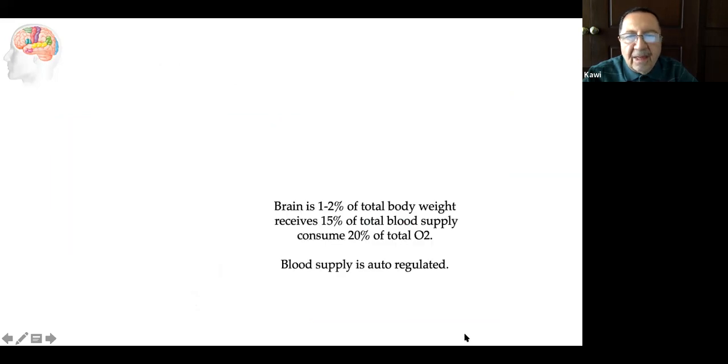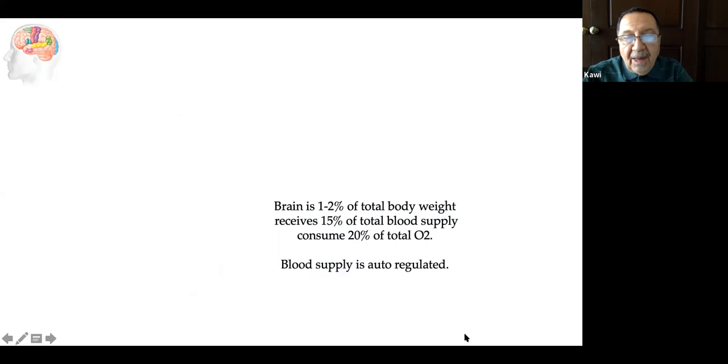Now, the brain is about 1 or 2% of the total body weight, but it receives 15% of the total blood supply of the body, and it consumes about 20% of the total oxygen that is consumed by the whole body.